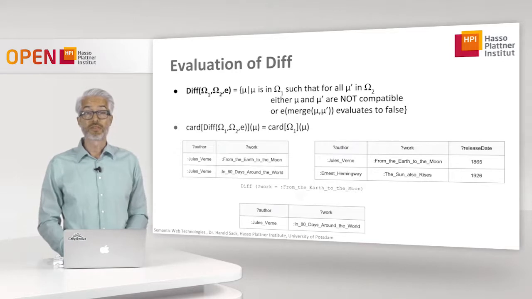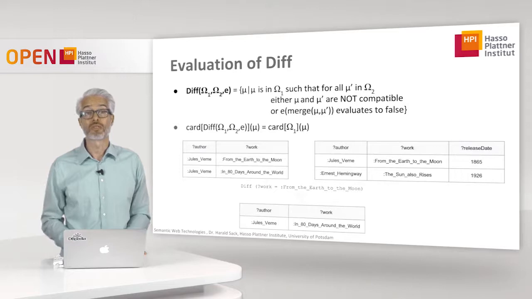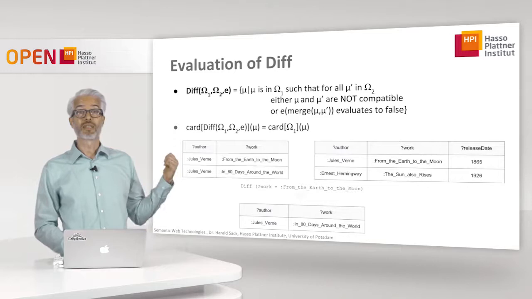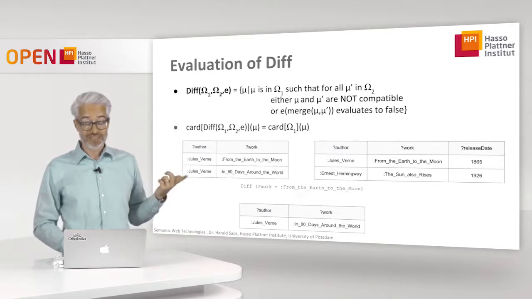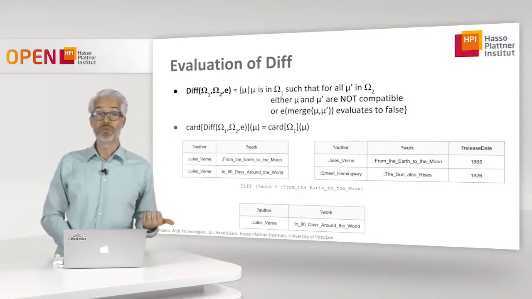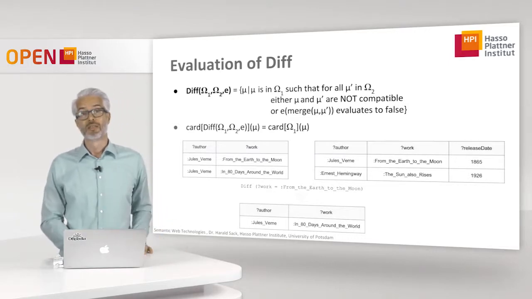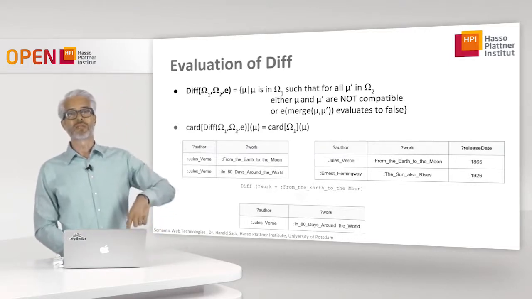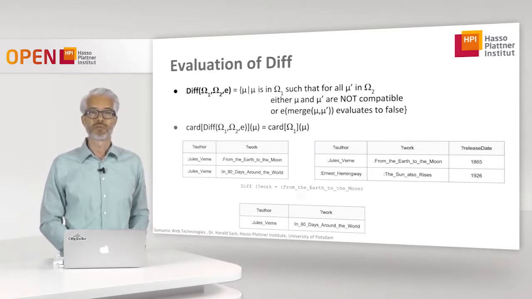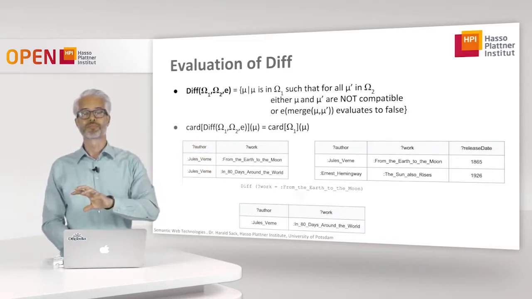Then the difference of omega 1 and omega 2, according to the constraint you are given here, is a mapping mu such that mu is definitely in omega 1, and such that for all mu prime in omega 2, either mu and mu prime are not compatible, or, if you merge mu and mu prime, the filter expression or constraint evaluates to false.